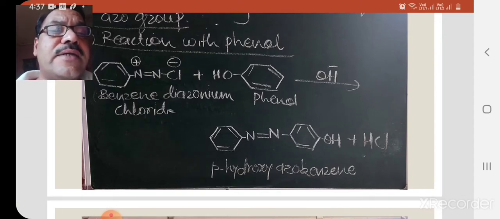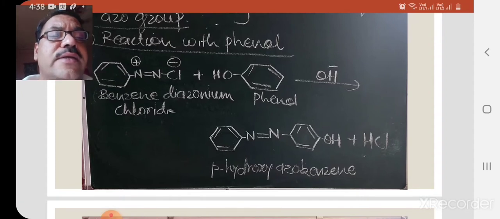The OH group remains as it is, but the hydrogen from the para position gets eliminated, as well as the chlorine atom, and para-hydroxyazobenzene is formed.